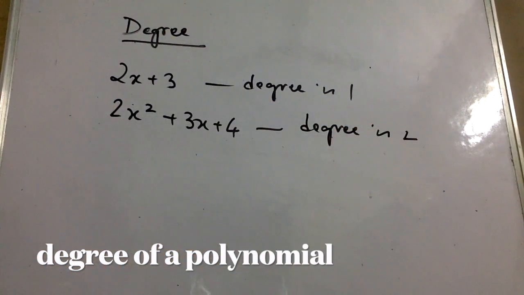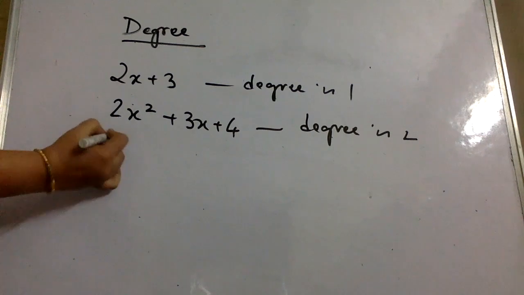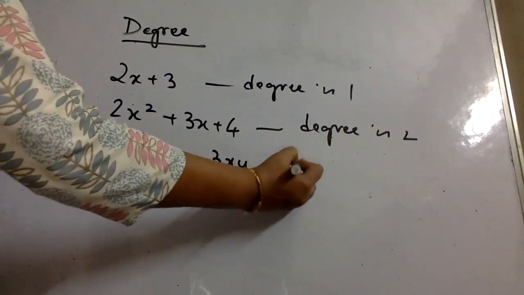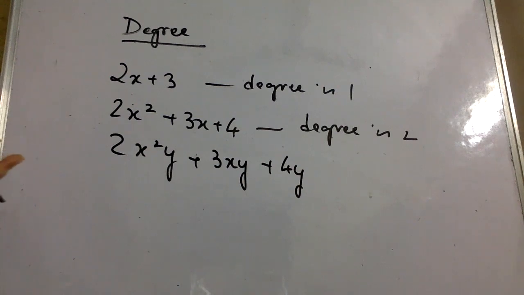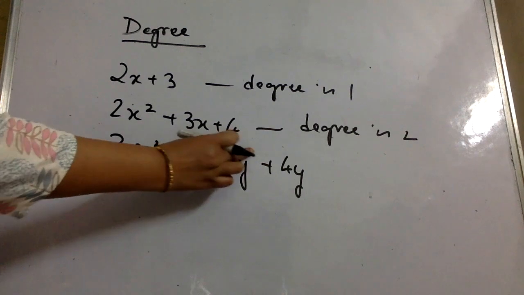Now like that you will have to see and understand which is the degree of the polynomial. But it also sometimes happens that there's more than one variable. Then how do you find the degree? Supposing you have 2x square y plus 3xy plus 4y. Now what is the degree? Now you are confused. In this case you will have to add the powers of this and this.